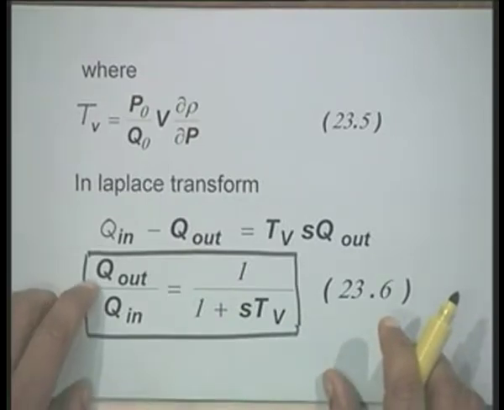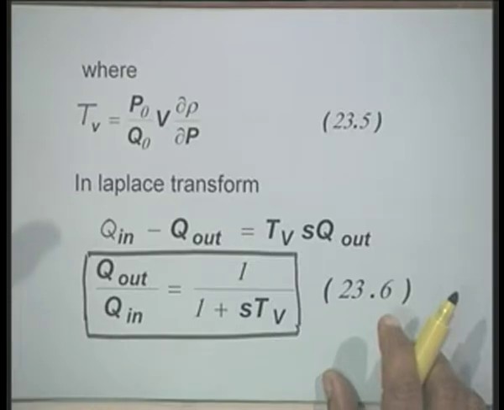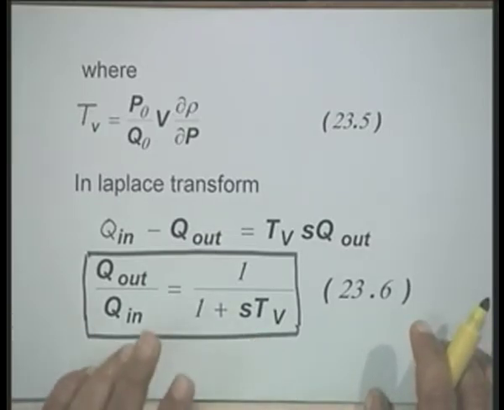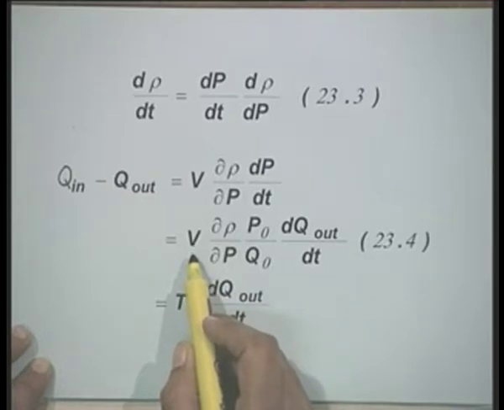Okay. Now, these are the Laplace transform variables, output and input, and this TV is the time constant of the vessel. Now, you understand what the parameters are which determine this time constant TV of the vessel. Because if you see it here again, TV depends upon the volume of the vessel.